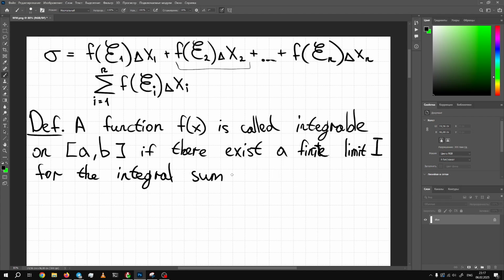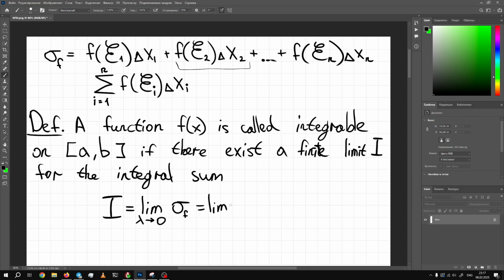So such a limit I equals the limit as lambda tends to 0 of our integral sum.